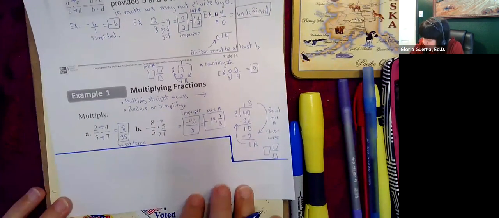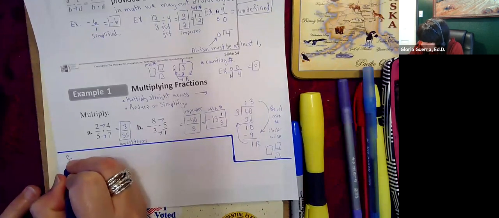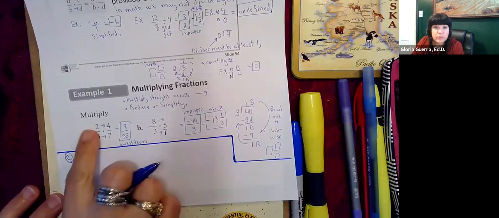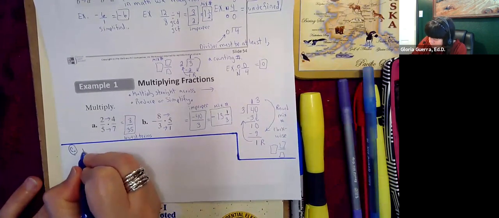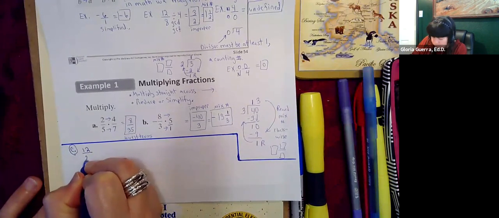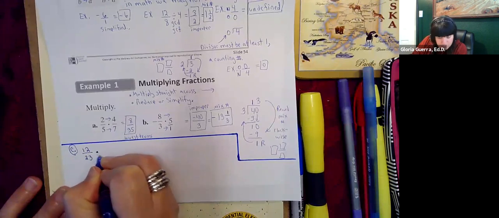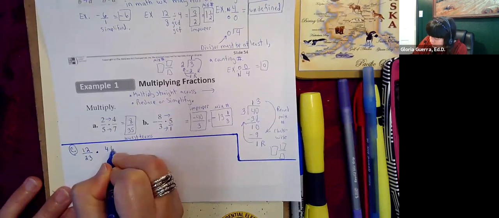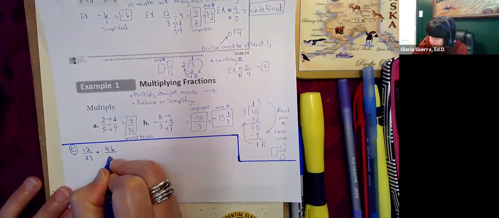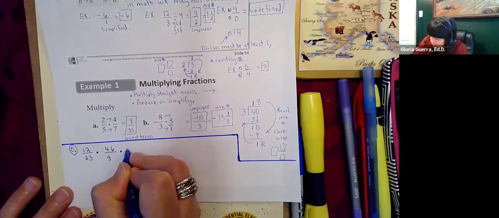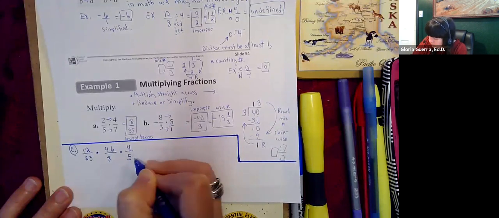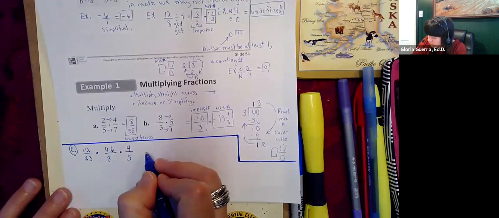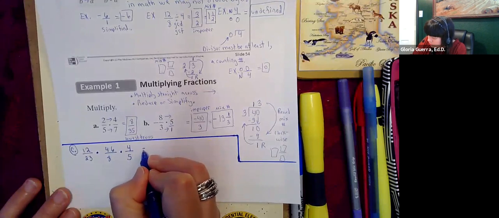I'm going to call this C, and we're multiplying. Okay, so let's say you had 12 over 23 times 46 over 8 times 4 over 5. Okay, and then we want to figure out what that's equal to.